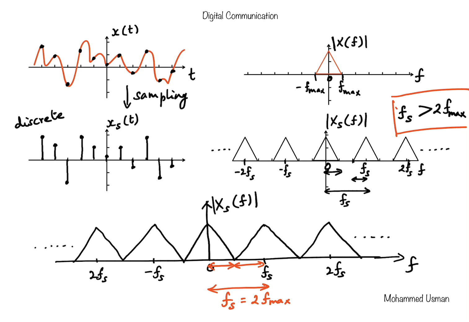That is true in the mathematical sense, but in practice, however, it is desired that there is some gap between the spectral replicas for practical purposes, which I will discuss later. But for now, let's stick to the basics, where this is also a sufficient condition to reconstruct the original signal from its samples.